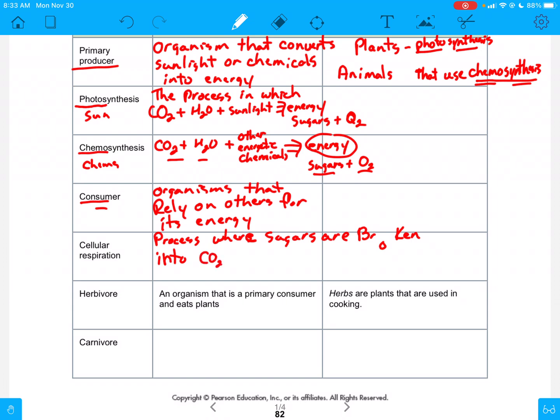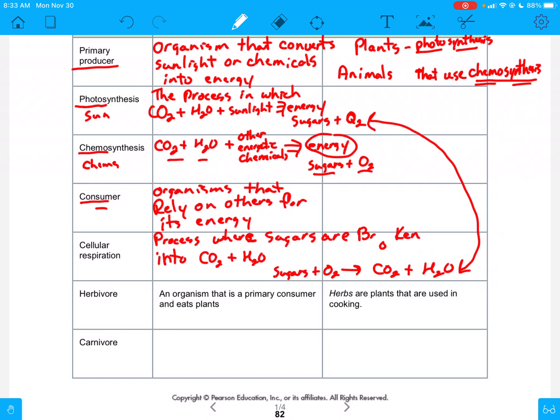So it looks like this: sugar plus O2 yields CO2 plus H2O. So it's basically the reverse. Do you see how it's the reverse of this?